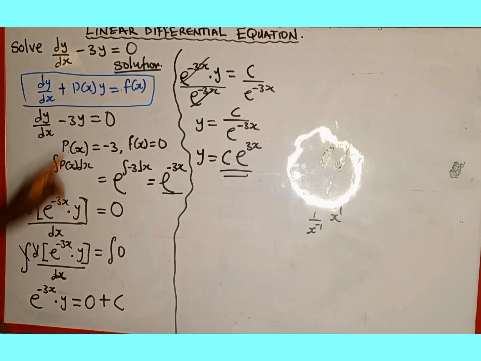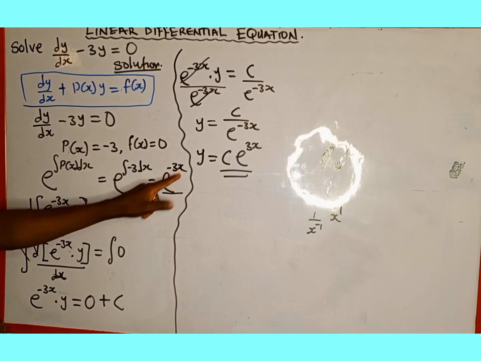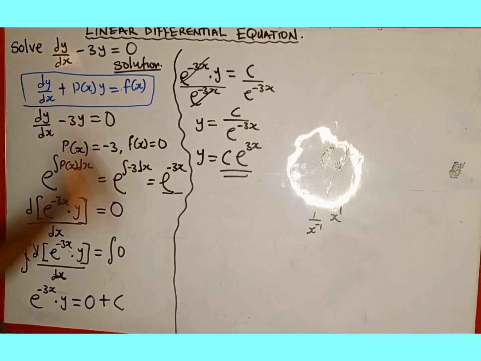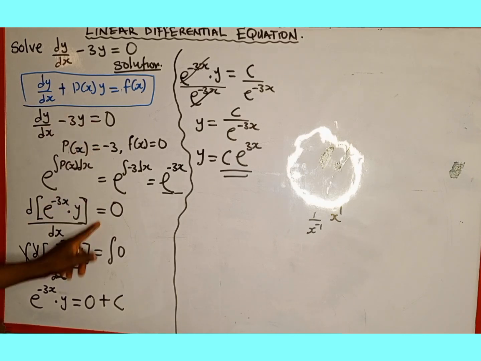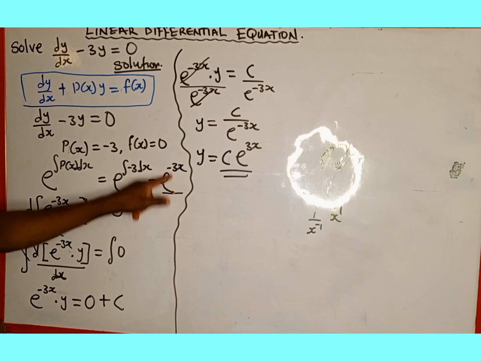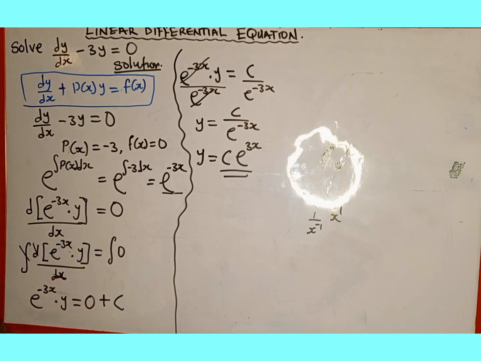I earlier explained that we integrate minus 3 to get e to the power of minus 3x. So when you multiply them, it's going to cancel, and nothing is in the middle here. So we're going to have it equal to e to the power of minus 3x multiplied by 0, which will be 0.